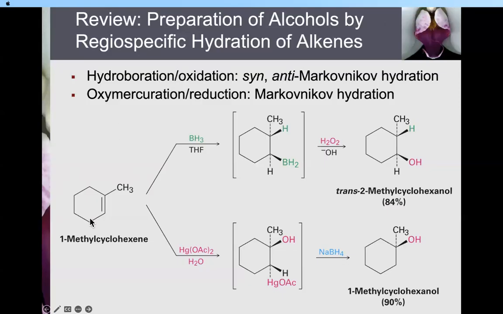This is already a review from your previous term discussion. And another preparation by hydration of alkenes is oxymercuration-demercuration, whose product is Markovnikov hydration.